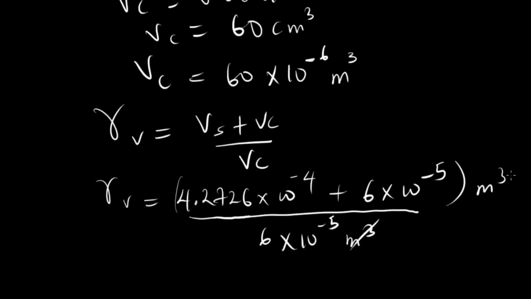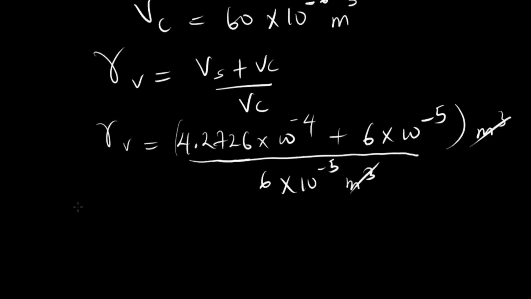So meter cube cancels out and it leaves the compression ratio dimensionless. Finally this is 8.121.